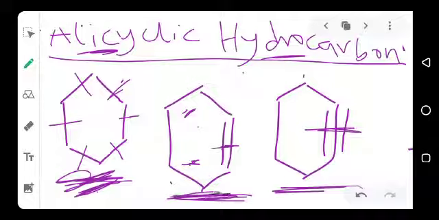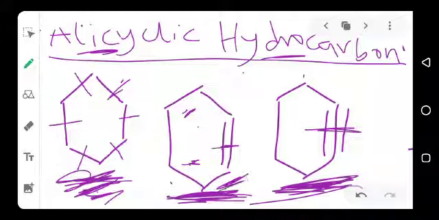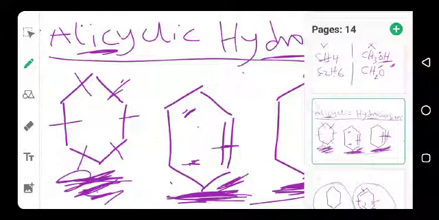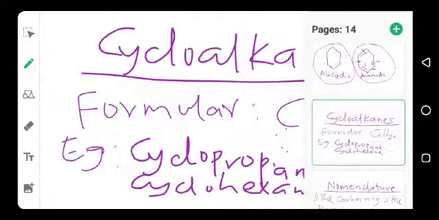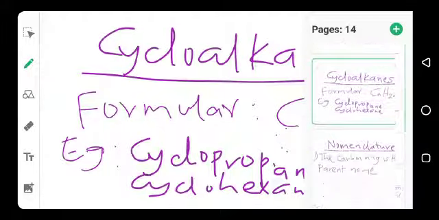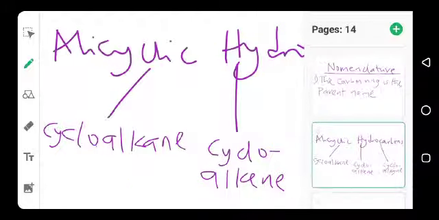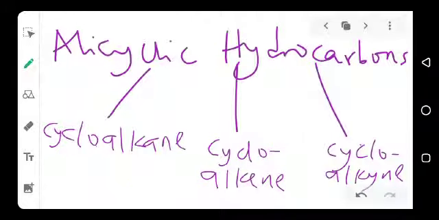The ones with a double bond are called cycloalkenes, while the one with a triple bond is called cycloalkynes. So this is cycloalkane, the one that has single bond all through.